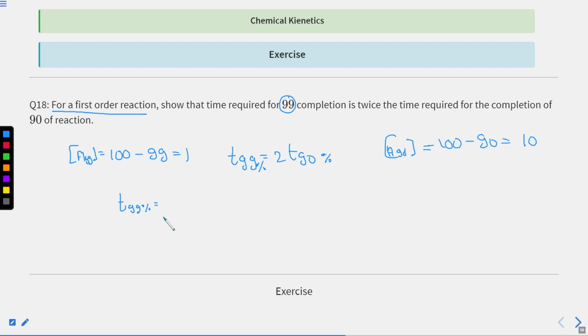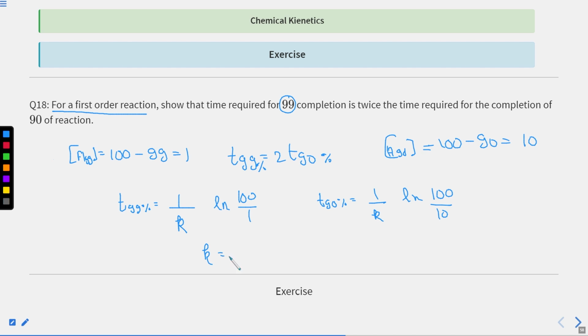Now if I write T99%, then it will be 1 by K ln 100 by 1, and for this one it would be T90% is equals to 1 by K ln 100 by 10, initial by final.